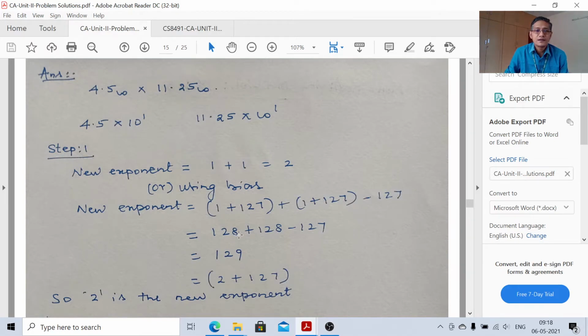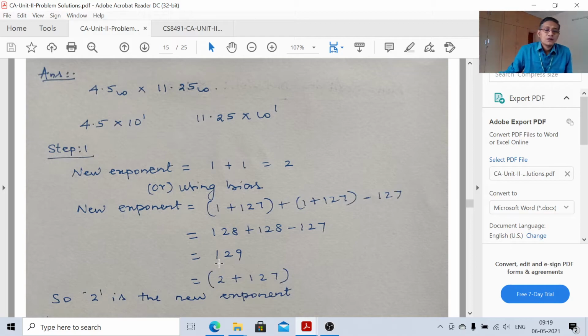First we add up the bias with the original exponents of the two floating point numbers given and subtract the bias of the single precision format, 127. So now what is the value? We will get 128 plus 128 minus 127, which is equal to 129.